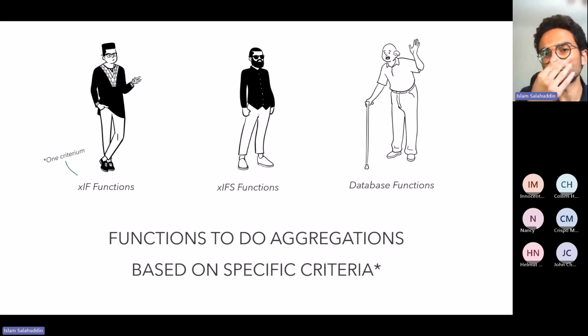So let's see each group of functions, the members of this group, the different variations of the XF functions, XFs functions, and the database functions. As we said, they are all functions to do aggregations based on specific criteria. So they are all about aggregations with filtering, basically.